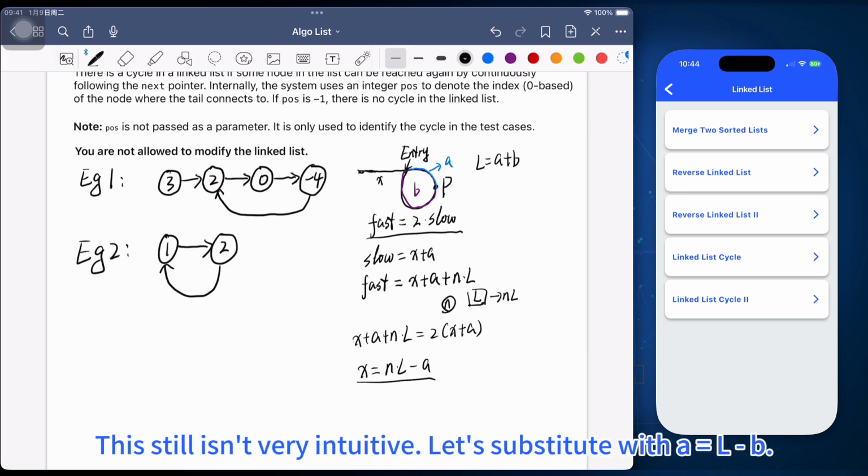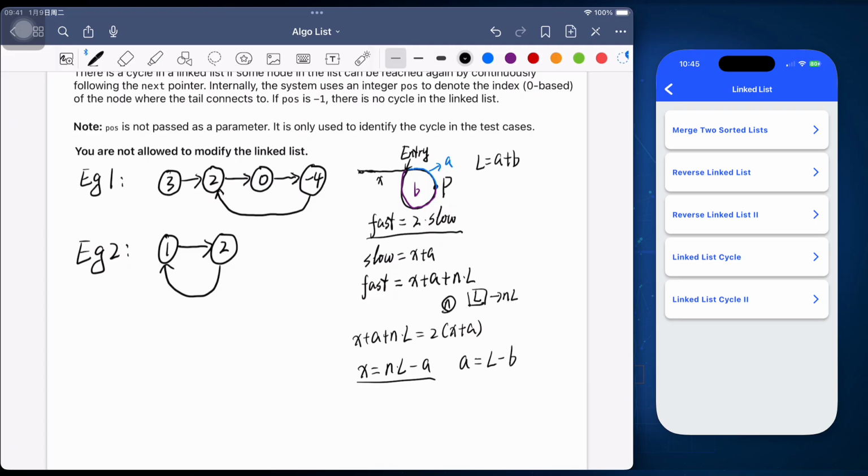This still isn't very intuitive. Let's substitute a equals L minus b. So we have x equals nL minus b, which equals (n minus 1) times L plus b.